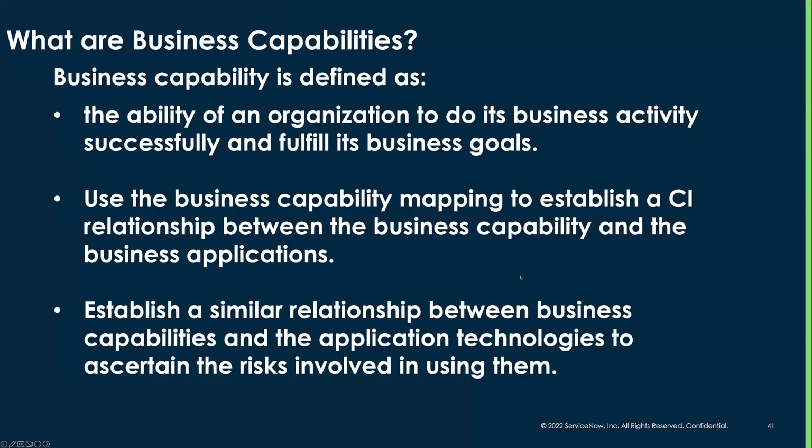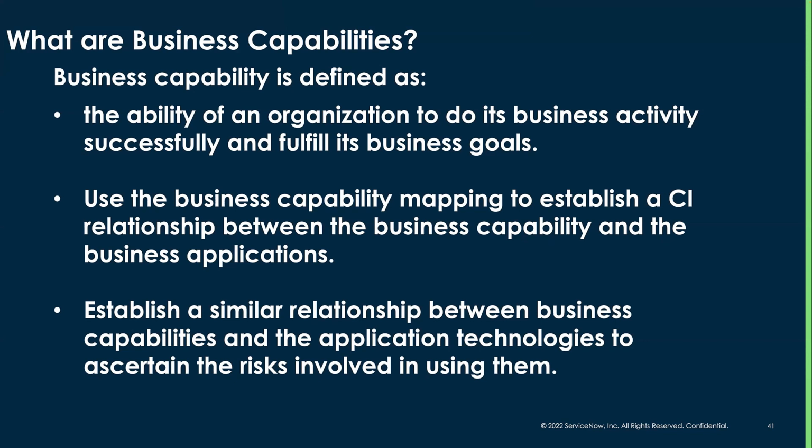Business capabilities, by CSDM definition, is the ability of an organization to do its business activity and fulfill its goals. Business capability mapping establishes the support, the provisioning. So business capabilities are what your enterprise does.